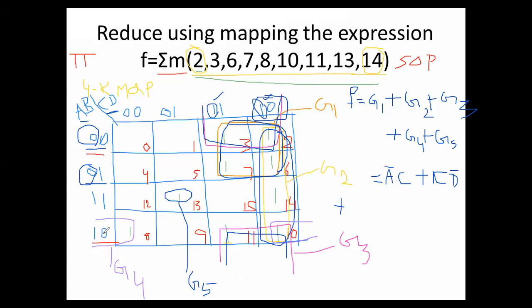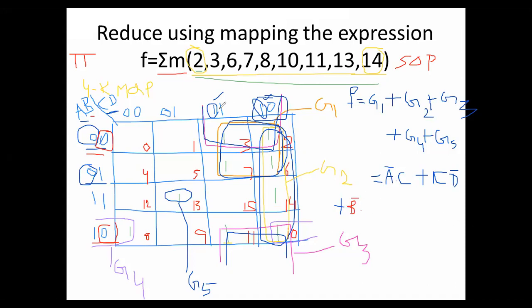Which is common here? This 0 is common. 0 means it belongs to which variable? B variable. B equal to 0 means what is the representation? B bar.